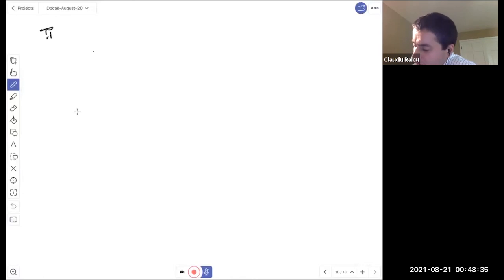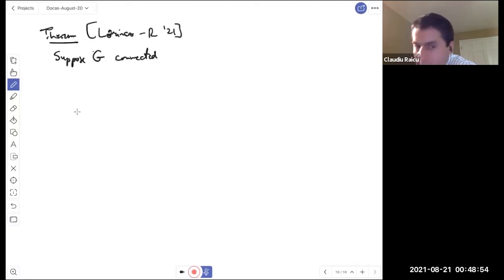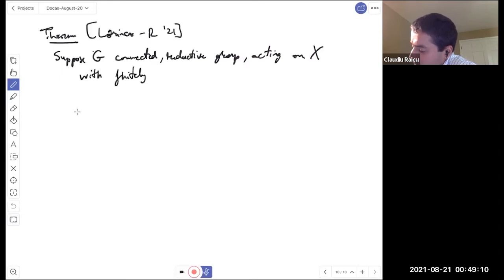So the theorem says, okay, let's suppose G is connected, reductive, acting on X with finitely many orbits.